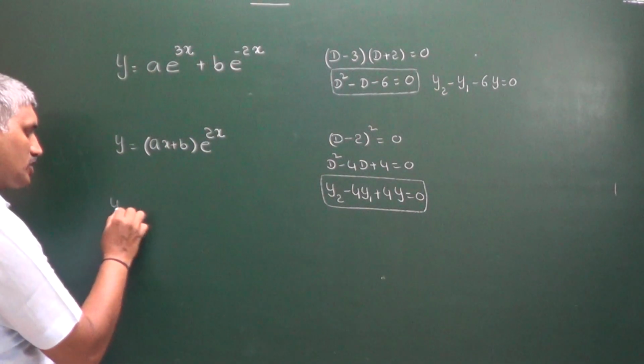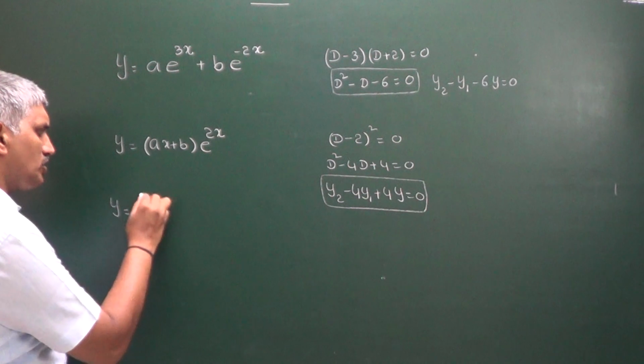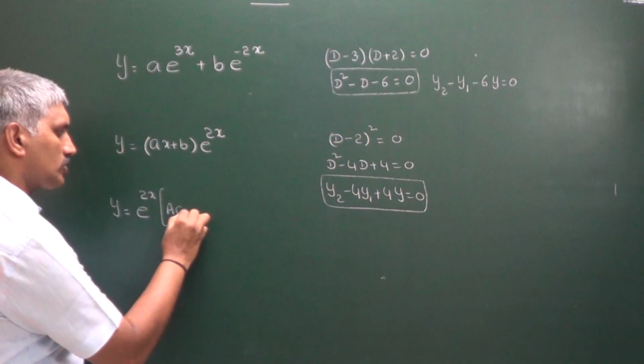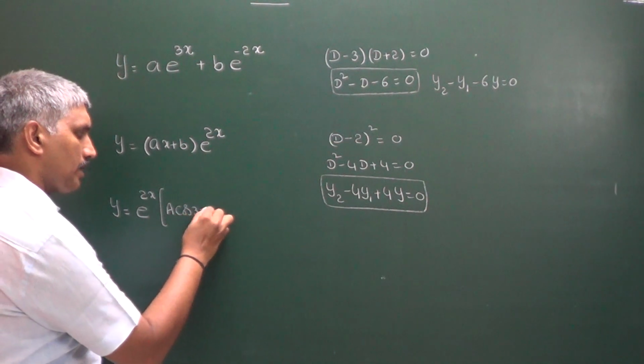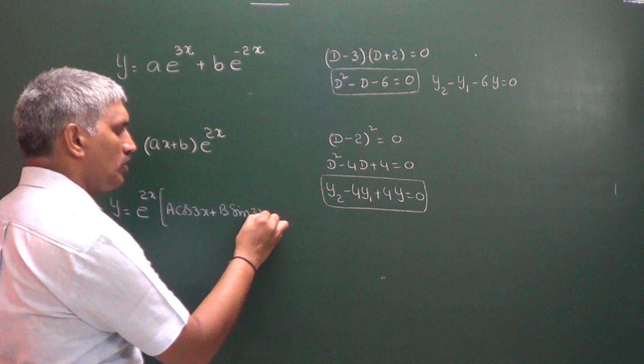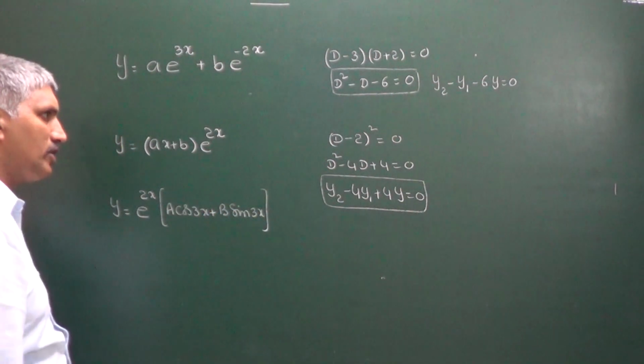Suppose the equation is given in this way: y = e^(2x)(a cos 3x + b sin 3x). How do we find the differential equation for this family of curves?